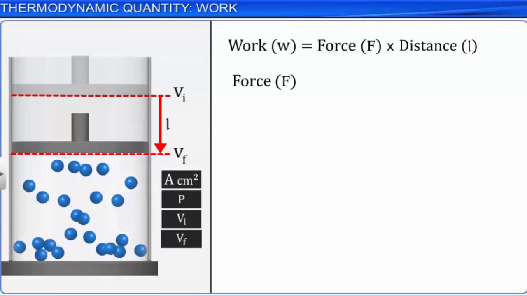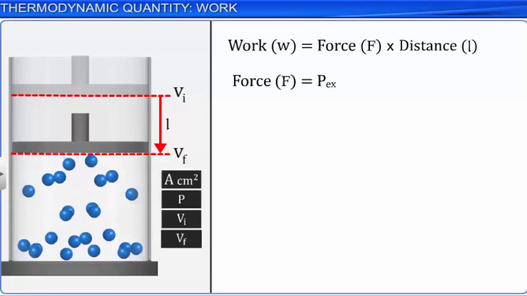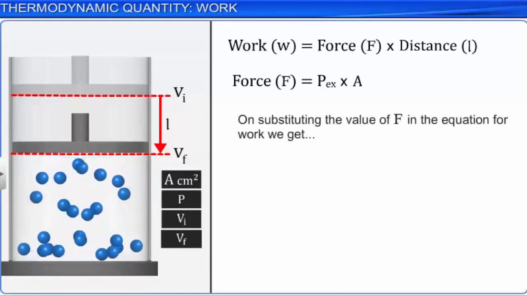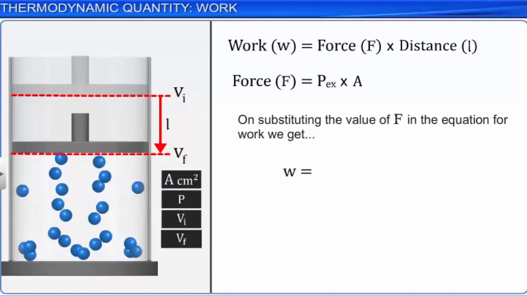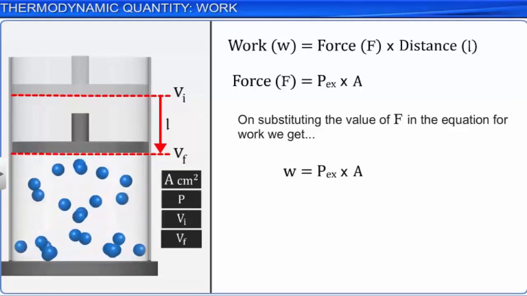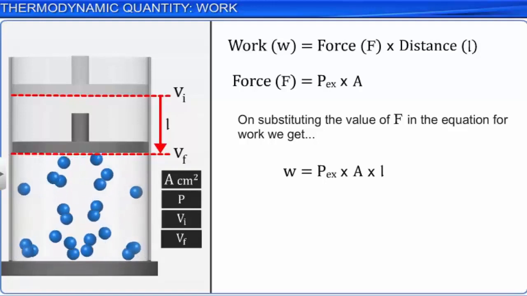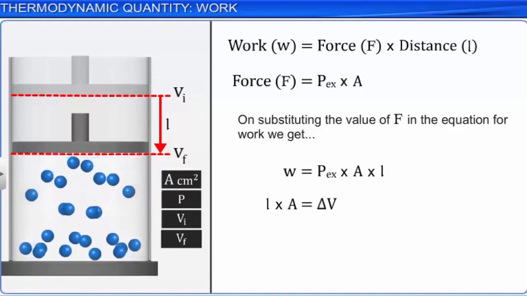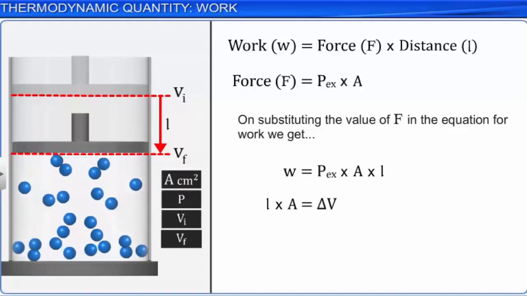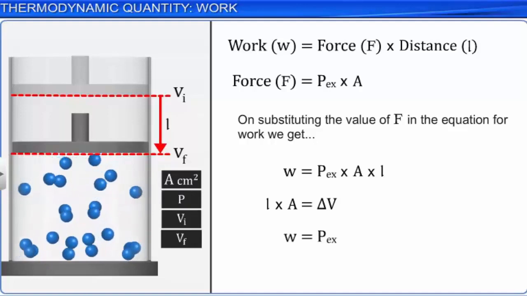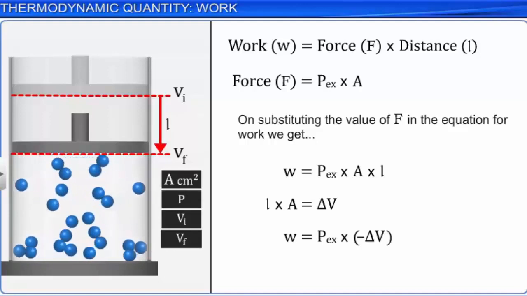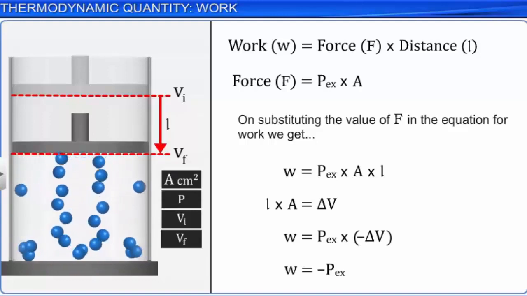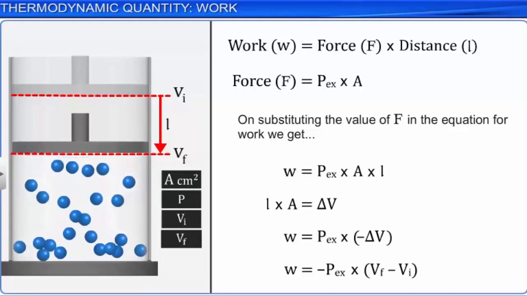But force equals external pressure PEX multiplied by area of cross-section A. Substituting the value of force in the equation for work, we get work is equal to external pressure PEX multiplied by area A multiplied by distance L. But distance L multiplied by area A gives change in volume delta V. On substituting, we get work equals external pressure PEX multiplied by minus change in volume delta V. That is, work is equal to minus external pressure PEX multiplied by final volume VF minus initial volume VI.